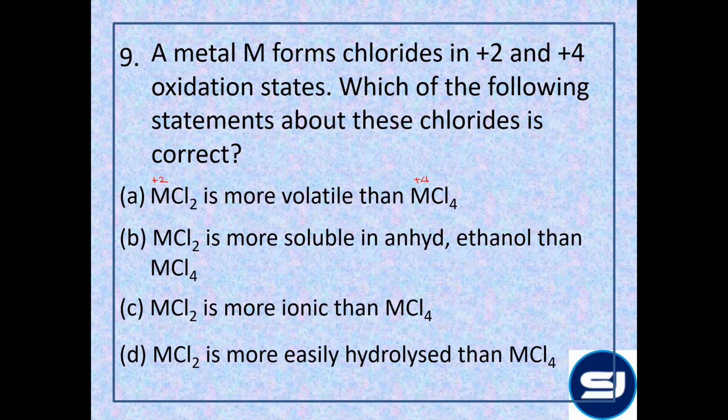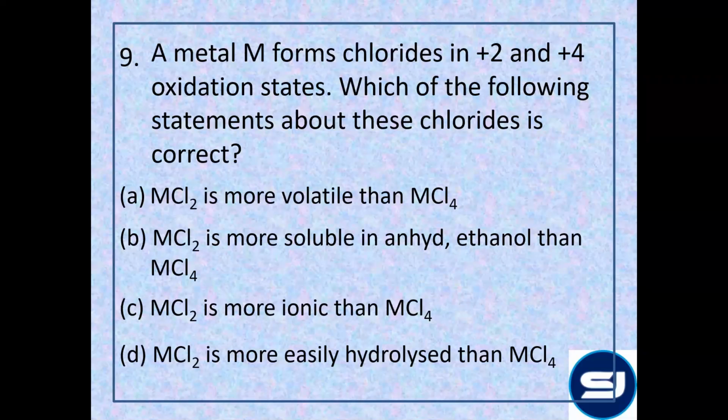How do you decide? How will you decide on these properties? Concept: Fajan's rule. So tell me, for Fajan's rule, a compound will have high covalent character with what conditions?